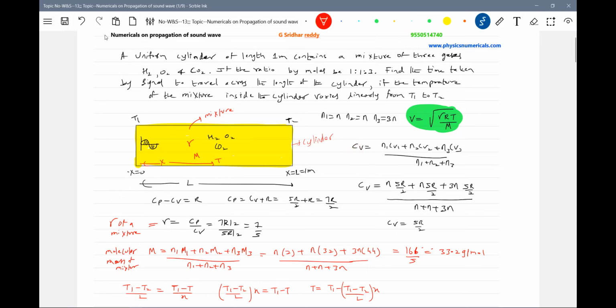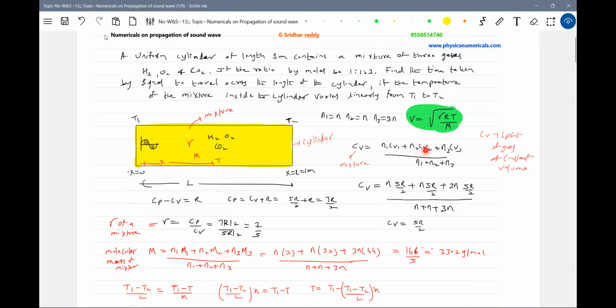CV is the specific heat of gas at constant volume. For the mixture, it equals (N1 CV1 + N2 CV2 + N3 CV3) divided by (N1 + N2 + N3). With the number of moles N, 1:1:3, each a diatomic gas with CV equal to 5R by 2.